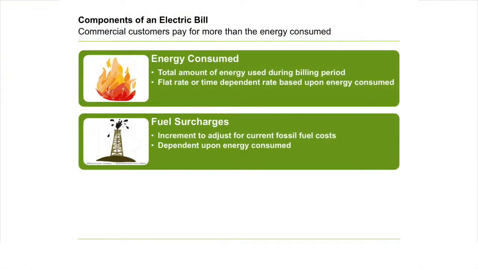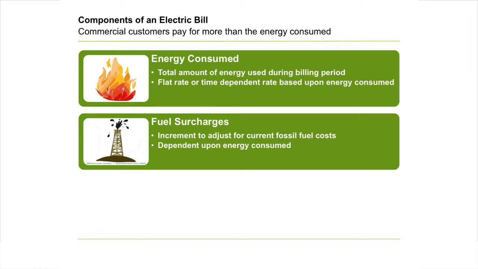The second part of an energy bill is what's called a fuel surcharge. Fuel surcharges are a way for utilities to buffer themselves from commodity changes. If they're buying coal or oil, these are commodities that change on the open market and can vary in price. If the price of the commodity goes above a certain threshold that the utility has, they add an adjustment to your electric bill.